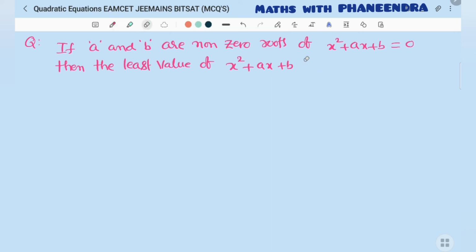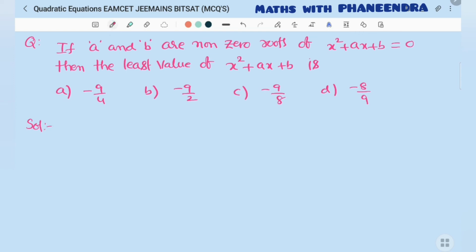Indirectly they are asking to calculate a and b values and then the minimum value or least value of this quadratic expression. So options are minus 9 by 4, minus 9 by 2, minus 9 by 8, minus 8 by 9.